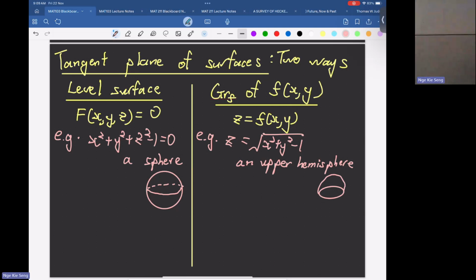So you can see that a graph is quite restricted, because you can only write z in terms of x, y. But as a sphere, you can describe the upper hemisphere and lower hemisphere together.